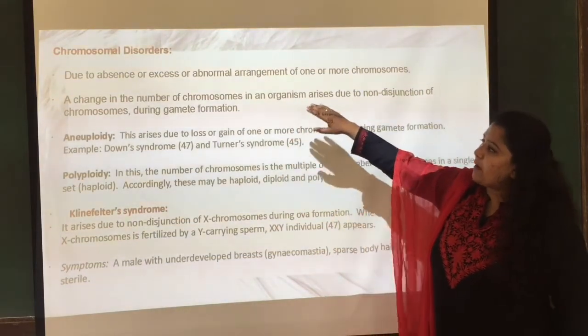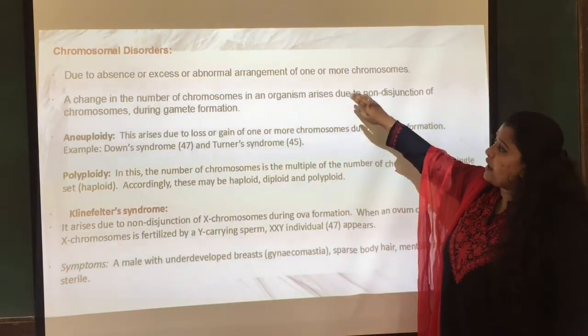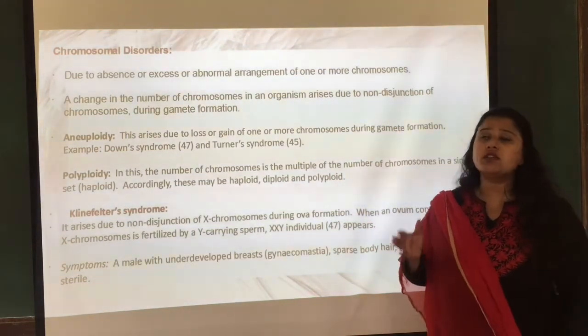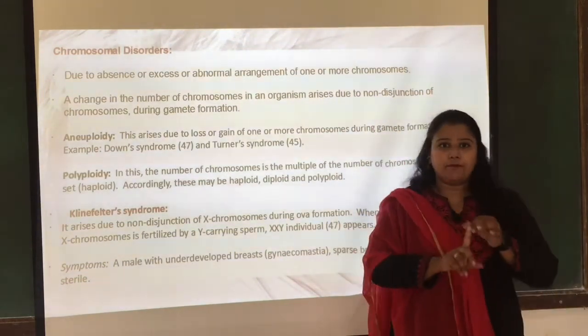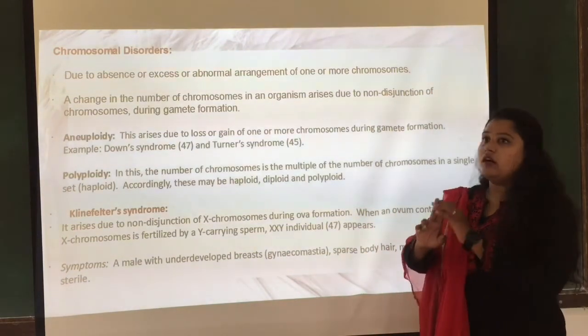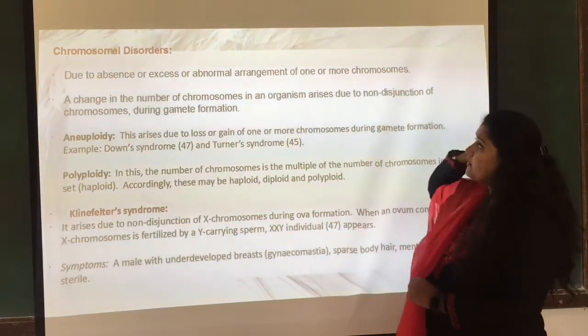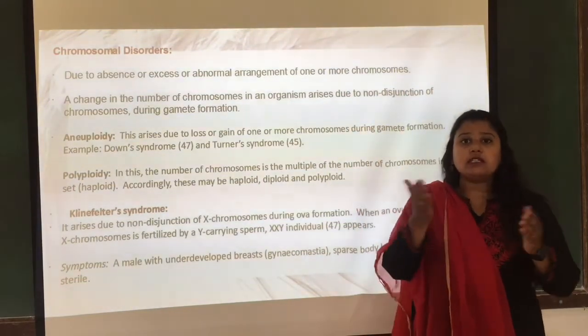First, it is due to absence or excess or abnormal arrangement of one or more chromosomes, right? The chromosomal disorders occur either due to the absence of a chromosome, or when more chromosomes are present, or when the arrangement is not proper.